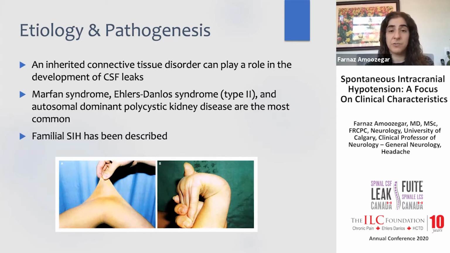Particularly Marfan syndrome, Ehlers-Danlos type 2, and autosomal dominant polycystic kidney disease are the most common connective tissue disorders that we see related to spinal CSF leaks. Interestingly, there have also been reports of familial SIH, so first degree family relatives having SIH, but it is quite a rare condition, and typically there isn't a positive family history.